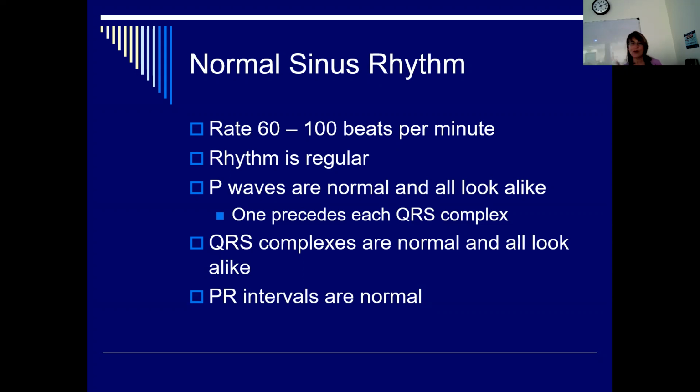So just 1 P wave, a QRS, that's normal. The QRS complexes are normal, meaning less than 3 little boxes, and they all look alike. The PR intervals are normal, so 3 to 5 little boxes. So if you see all of these on a strip, then you're going to come to the conclusion that you're looking at a normal sinus rhythm.